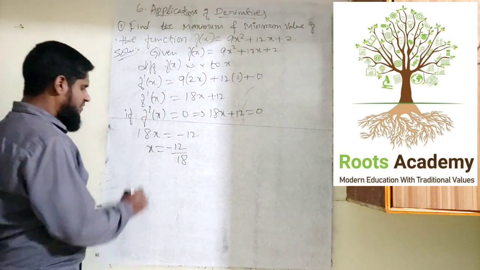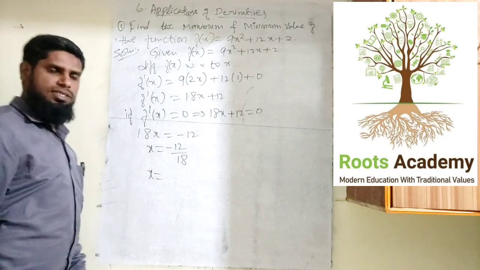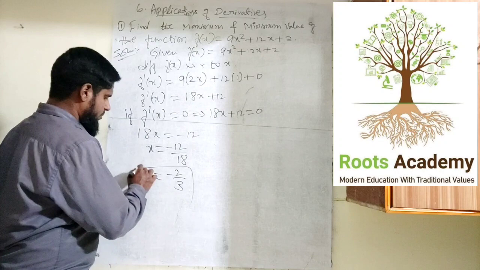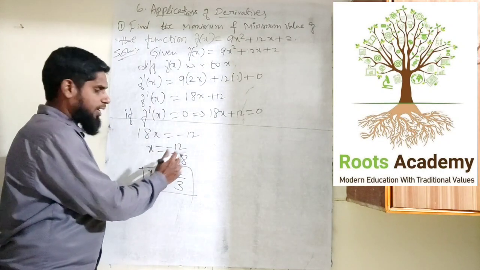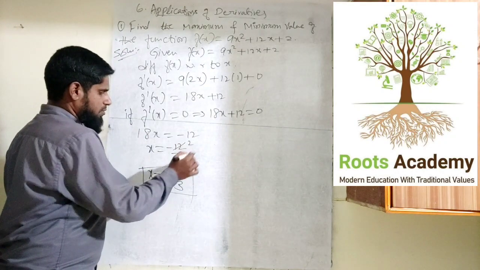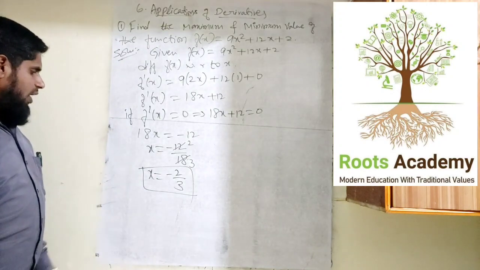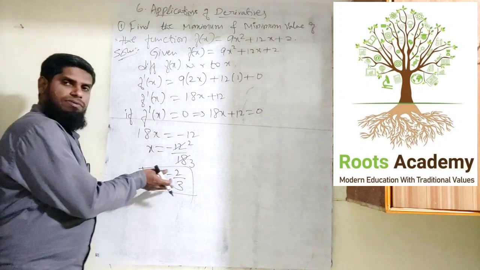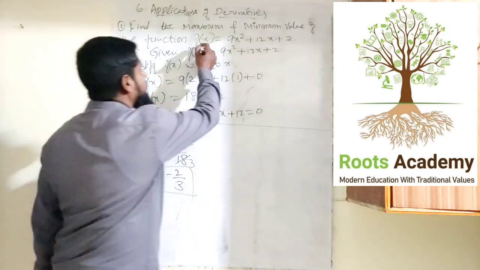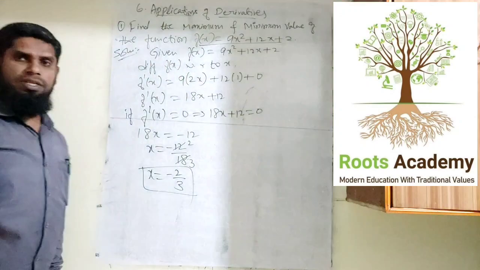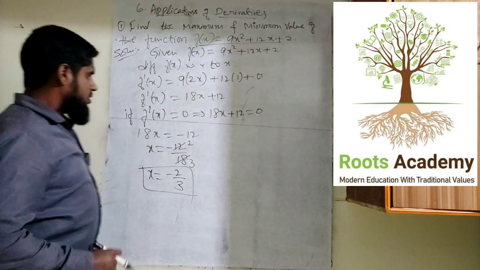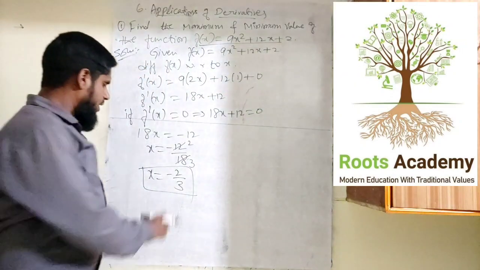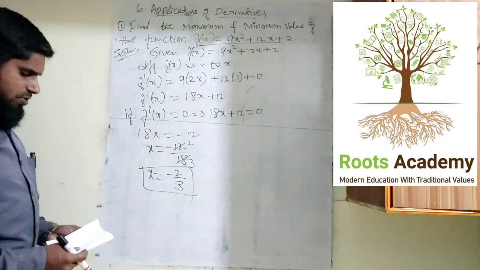If you do further simplification, the final value of x is minus 2 by 3, since 6 goes 2 times and 6 goes 3 times. So the critical value is minus 2 by 3. Let us substitute this value of x in the given function. Since it is a quadratic equation, we will get only one critical value and we will see what the points are here.